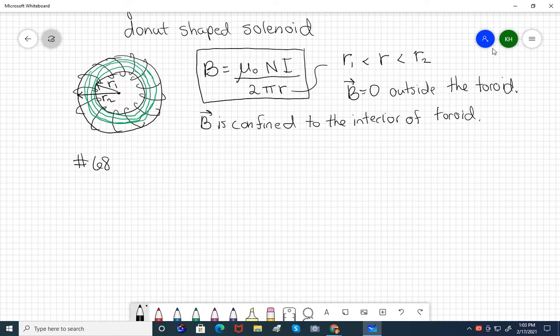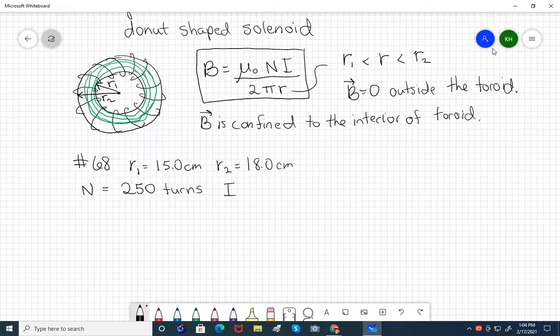It says a toroidal solenoid has inner radius R1 equal to 15 centimeters and an outer radius R2, which is equal to 18 centimeters. The solenoid has 250 turns, so that's our value for N, and carries a current of 8.50 amps.